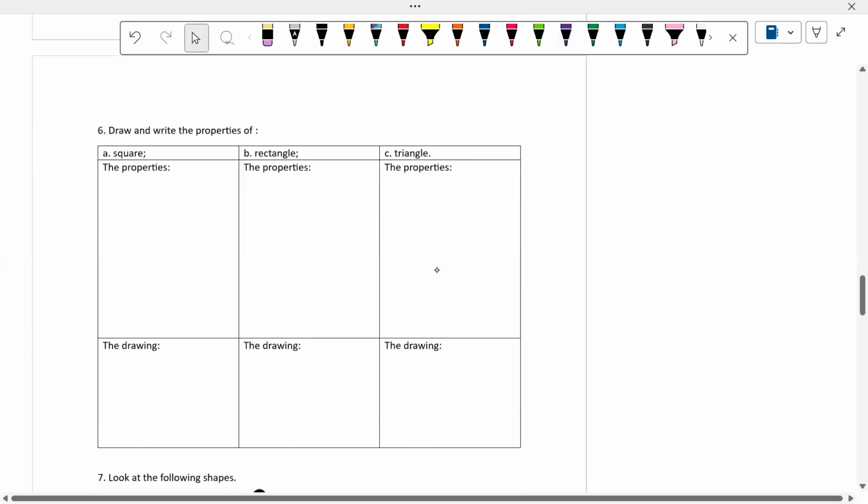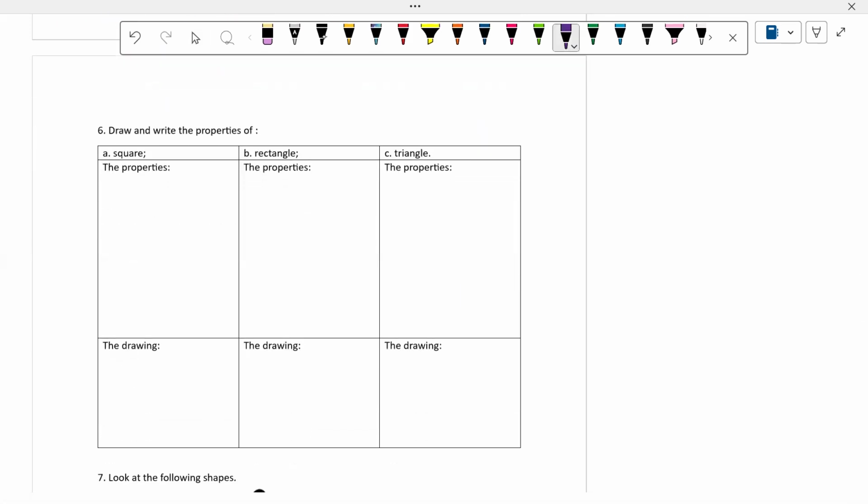Now number 6. Draw and write the properties of a square. You can use your ruler to draw the square, which has the same sides. Don't forget to give the signs. After that, the rectangle.